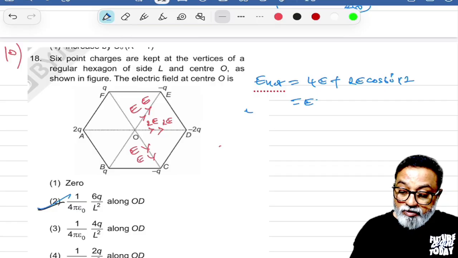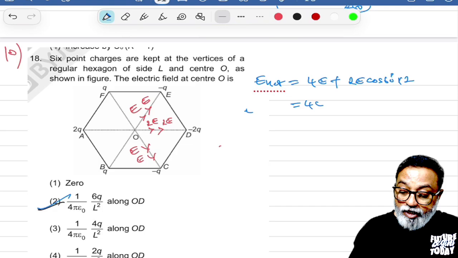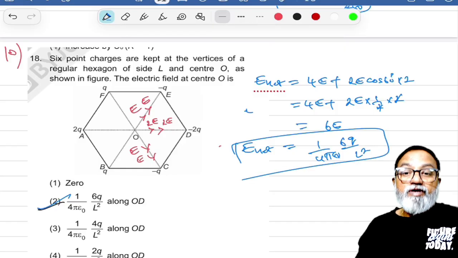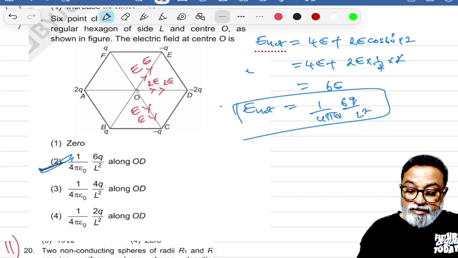Therefore this becomes 4E plus 2E into cos 60 is 1 by 2, into 2 cancel. Therefore 4E plus 2E, that is 6E. Therefore net field at O is equal to 1 by 4 pi epsilon 6q by side L square. Therefore E net is equal to 1 by 4 pi epsilon 6q by L square, and that is in the direction OD.